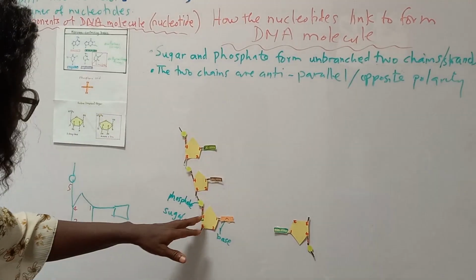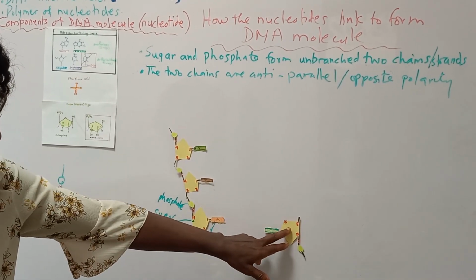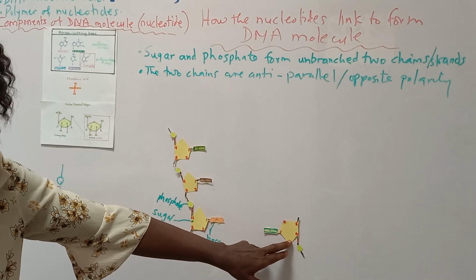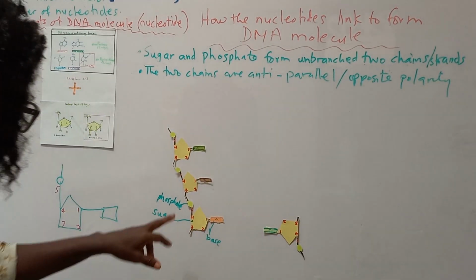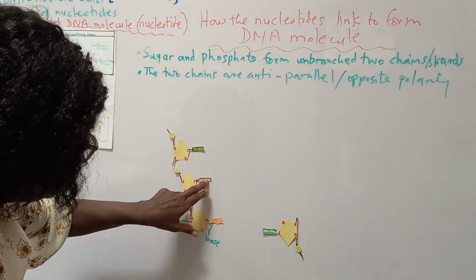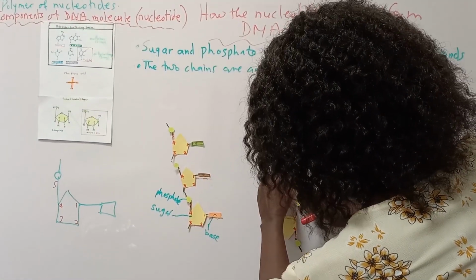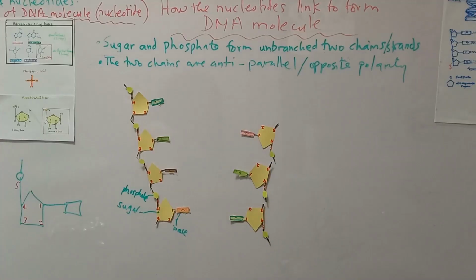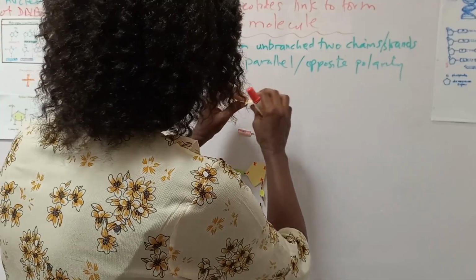So you have this chain here, and as I said, this other chain that produces the antiparallel is just a turnaround opposite. So you see cytosine is here, carbon 3 here will join with carbon 5, and here we go. See how they link? Adenine will go with thymine.